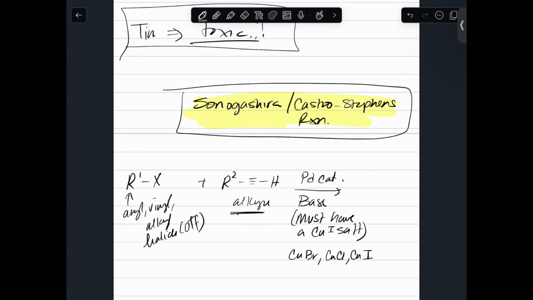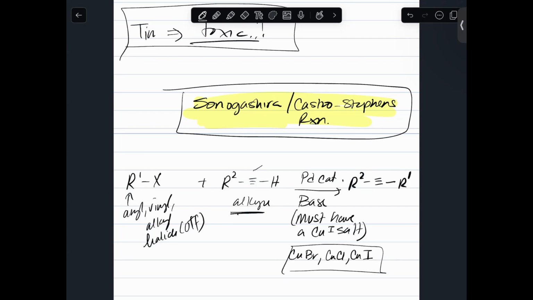Okay. And so this is really what's so different from the Heck reaction and the fact that your pi bond is a triple bond as opposed to a double bond. But the product is the replacing of a hydrogen, just like in the Heck reaction.